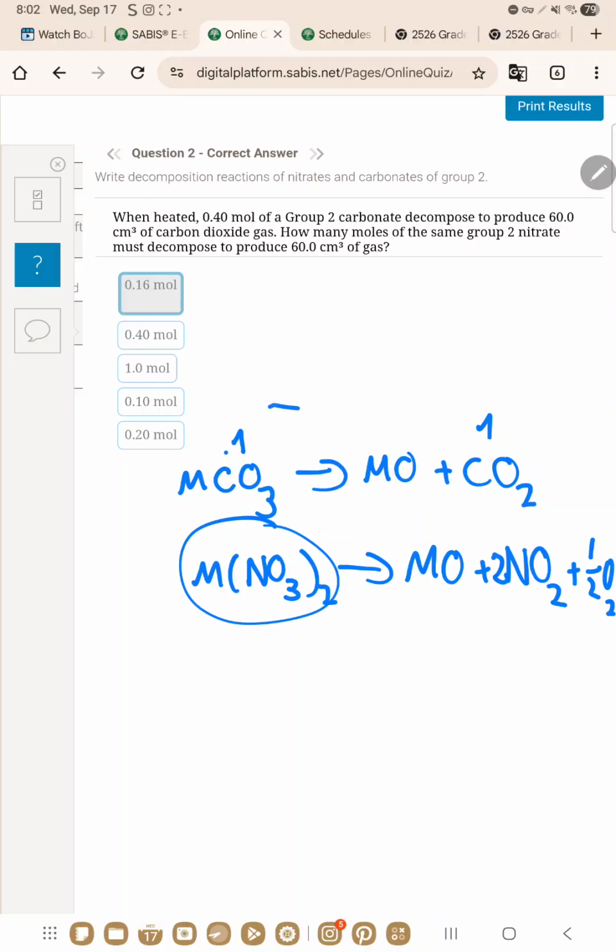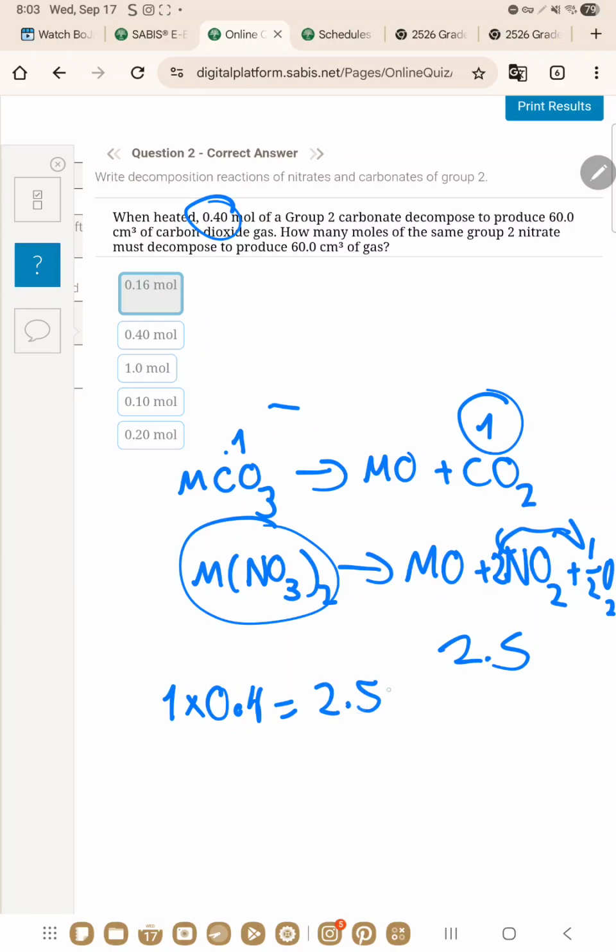So now we have, how many moles of gas are you producing? It's 2.5. So it's 2.5. Here you're producing 1 mole. So if you're producing 1 mole, so it's 1 times 0.4 moles. You're taking it like it's a ratio, equals 2.5 times how many moles?